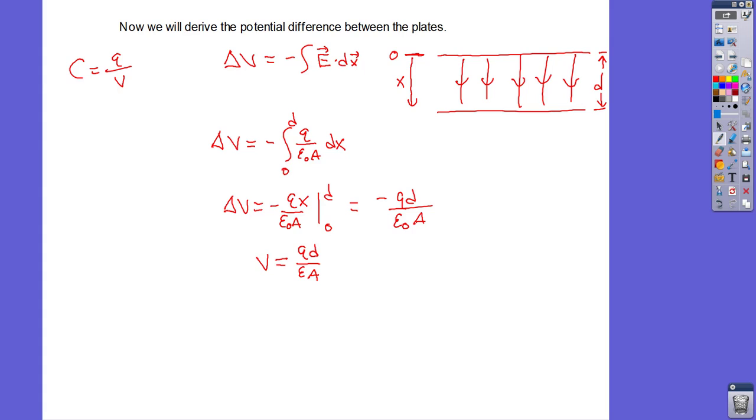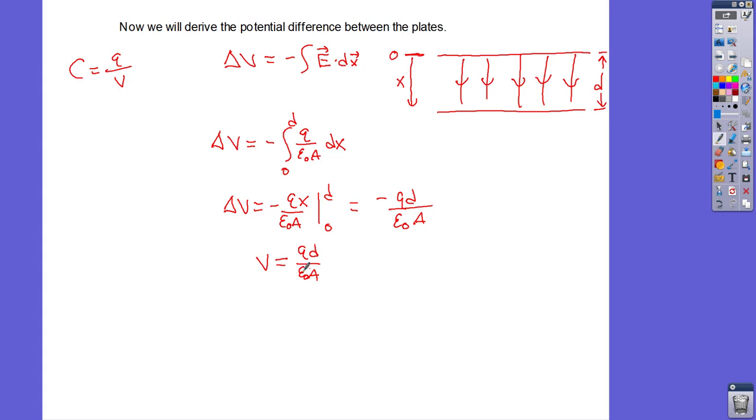Okay, and then for our last thing here, we're going to put this together. And so the capacitance, remember, is equal to Q over V. So I'm going to solve this.